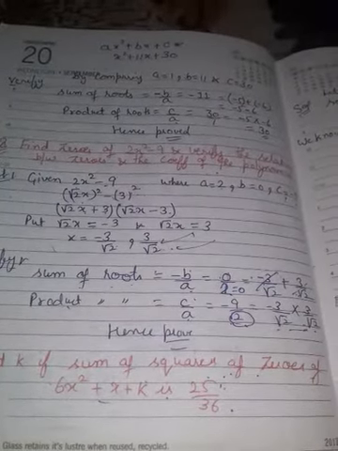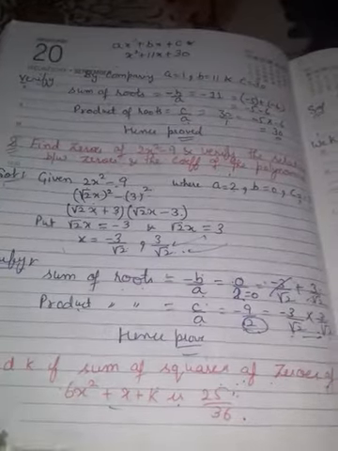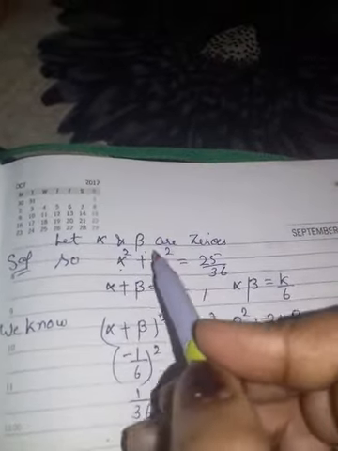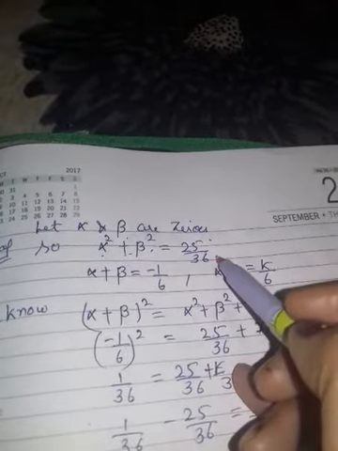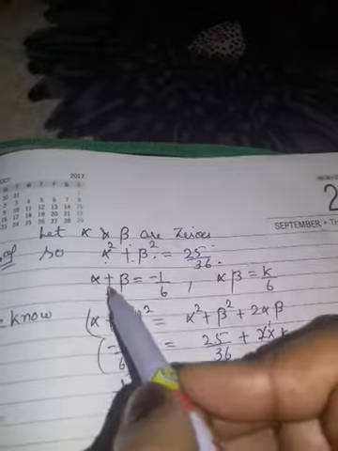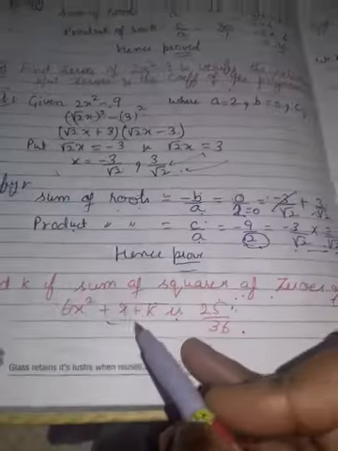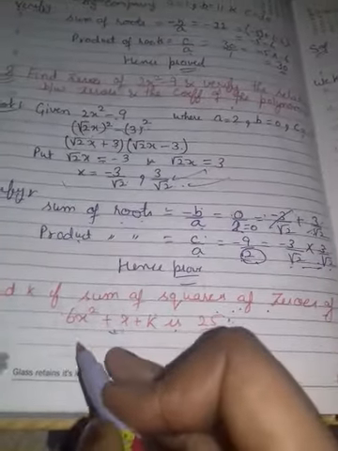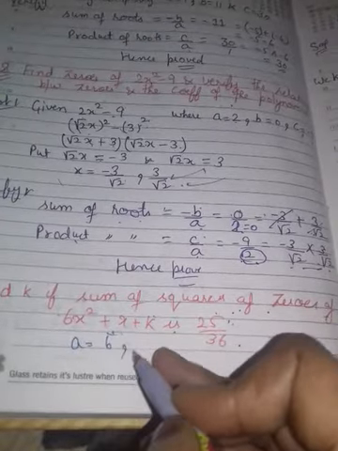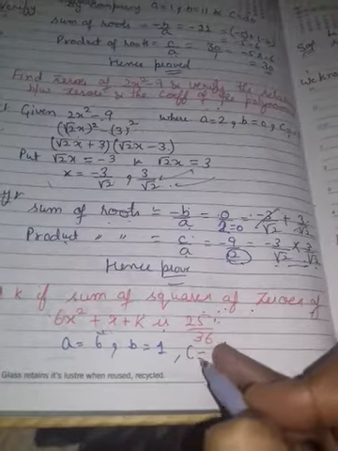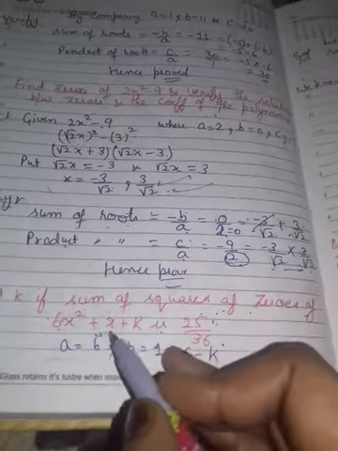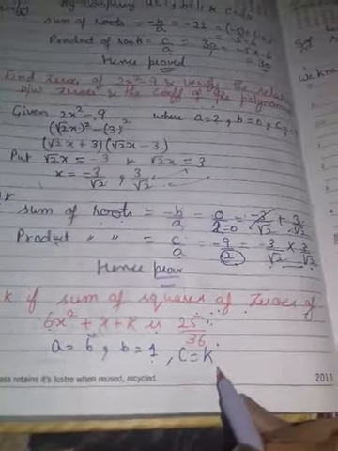You know this is a quadratic polynomial, so we have taken alpha and beta. The sum of squares of these roots is given as 25 upon 36. And you know alpha plus beta is equal to minus b upon a. a is 6, b is 1, c is k.